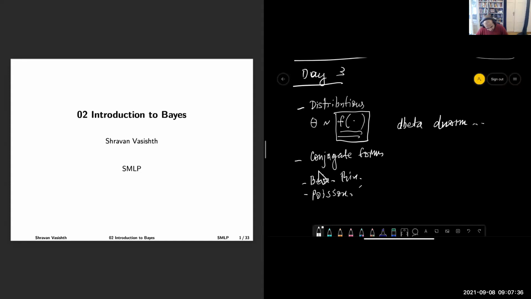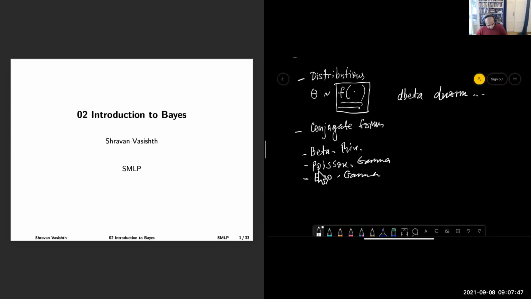And so these two examples, and in the homework, there were some more. I think there was an exponential gamma. And there are many other conjugate forms that I didn't discuss. There's also the normal prior, normal likelihood. And that's also a conjugate form. So there are many other examples like this.